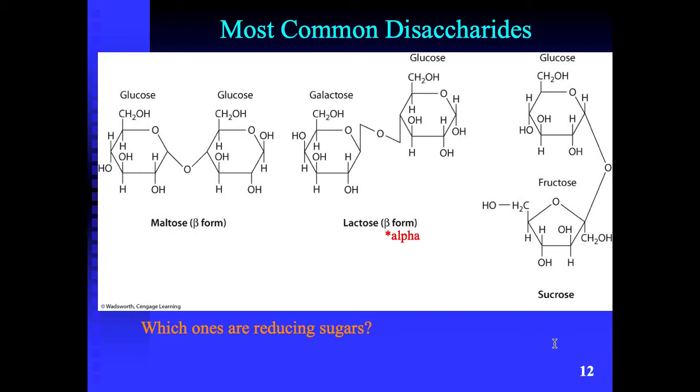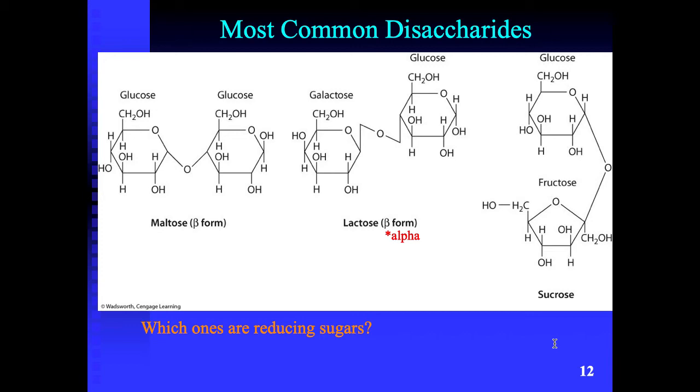No, you say this is the beta form of maltose. So your bond here is still alpha 1 to 4. If you want to name it, you would say alpha 1 to 4 glucose, glucose. And then you would indicate alpha or beta form.